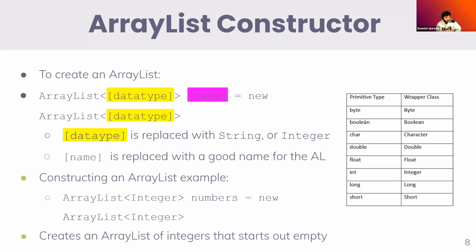So if I were to construct an integer array list called numbers, I do ArrayList<Integer> in the triangle brackets, space, the name, which I called numbers, equals new ArrayList<Integer>. And keep in mind that creates an array list that starts out empty. So it has zero, it has nothing inside of it. Okay, sounds good.